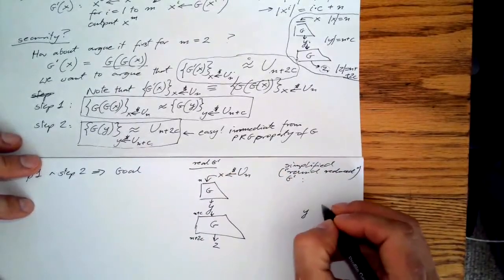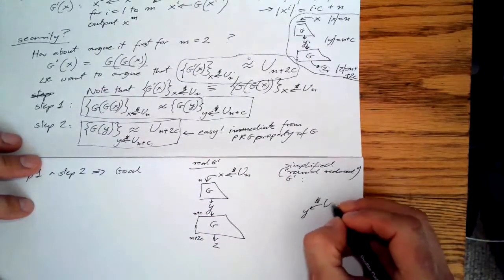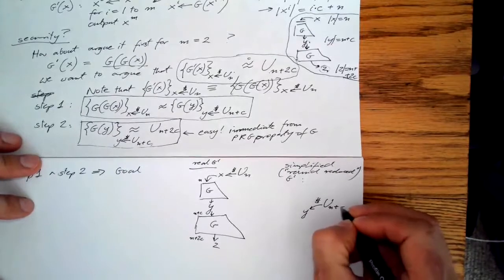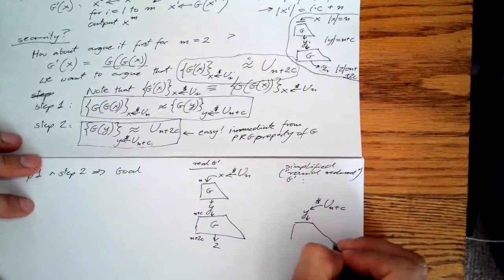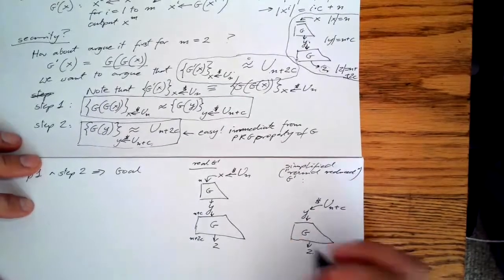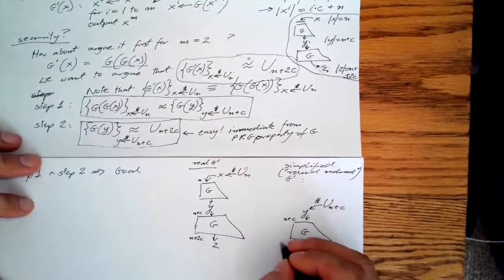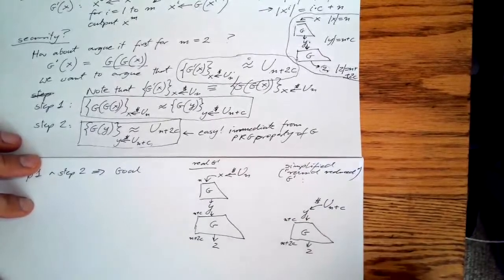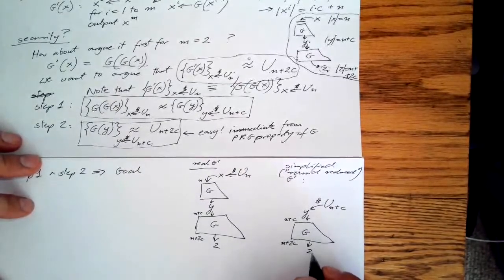Instead, take this intermediate value at random from this distribution and feed this into G. So here the input has n plus c bits, the output has n plus 2c bits, so at least syntactically it's the same.